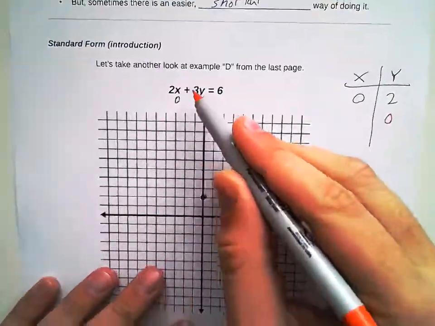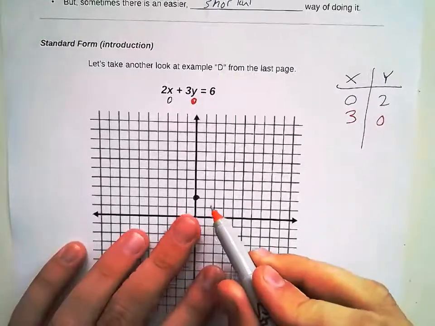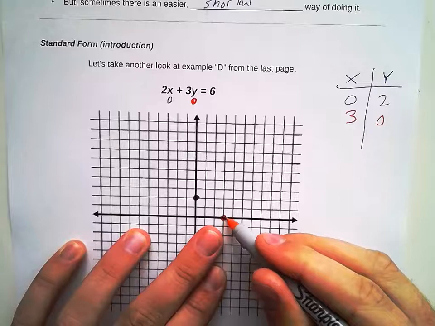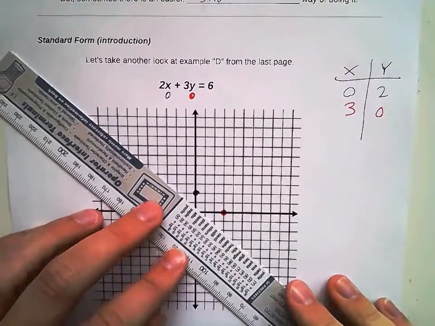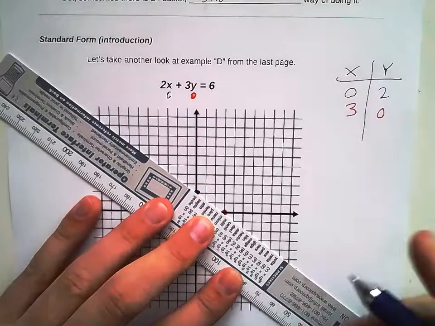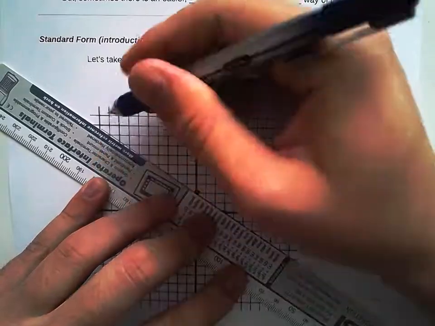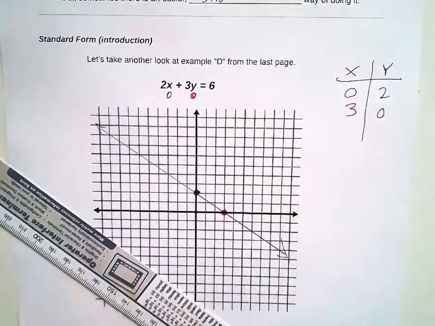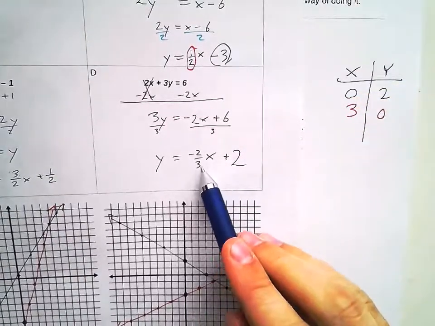So if y is 0, x has to be 3. And put that point there, and then we can connect those 2 points and get our line. And that's a little less work than completely changing the equation and then going off of the slope and the y-intercept.